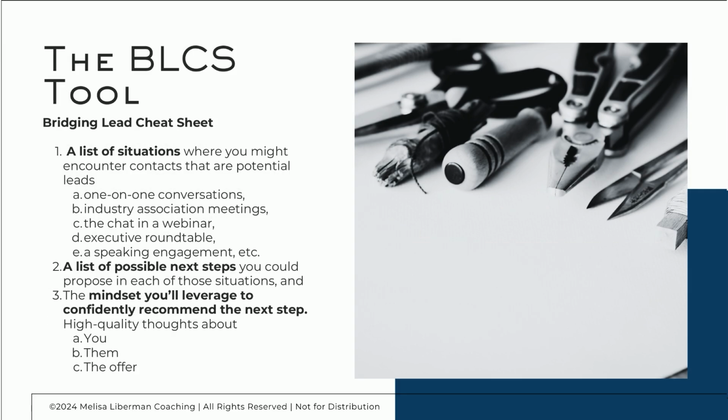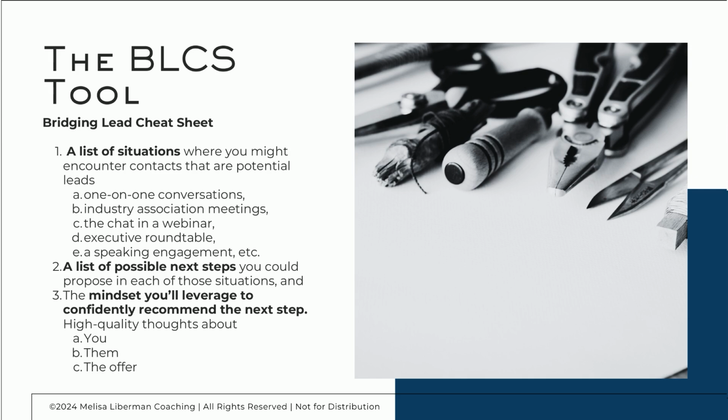So let's talk about what this BLCS tool is. It's very simple. It's the acronym for what I call the Bridging Lead Cheat Sheet. That's it. Bridging Lead Cheat Sheet for your business. So think about a grid and the way you want to build out this cheat sheet for yourself. The reason why we're building out this cheat sheet is because when you're on a call with a contact, you want to make sure that you've got something to cheat with, right?